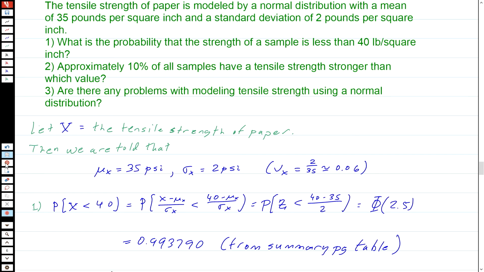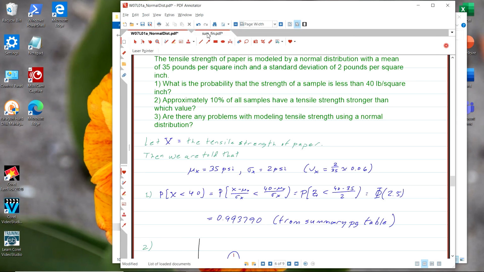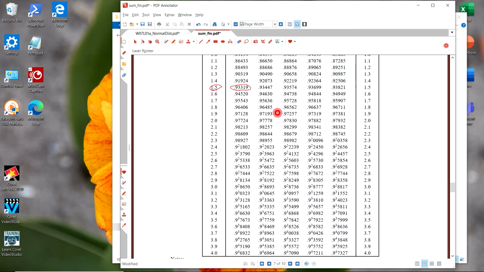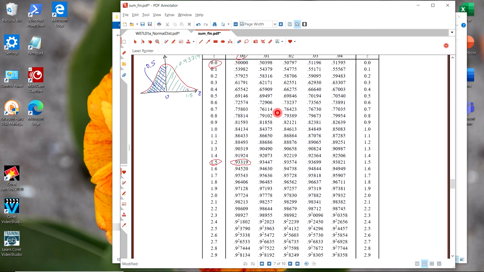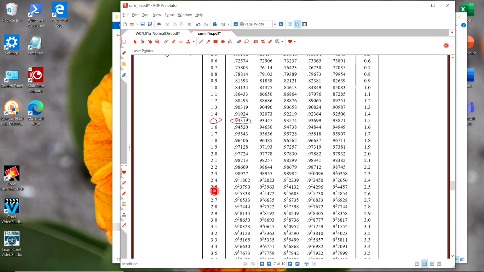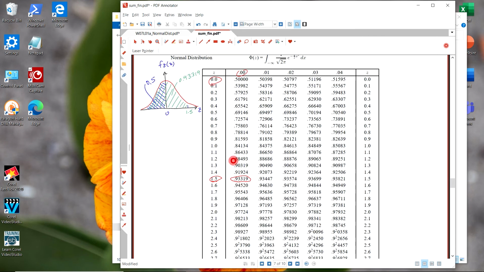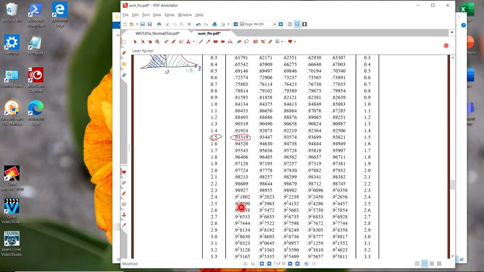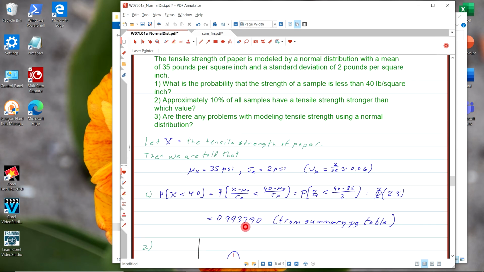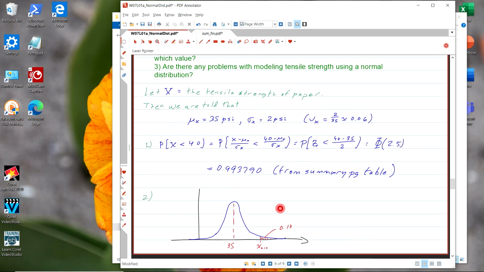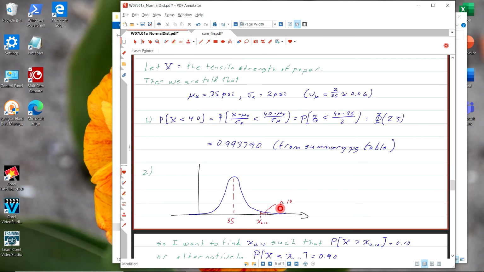If we go back to our summary pages and look at 2.50, so that's this number, 2.5, and the 0 is up here, it is 0.993790. Let's just check to see if that's what we got. 0.993790, yes. Okay. So that answers part 1 of this question.